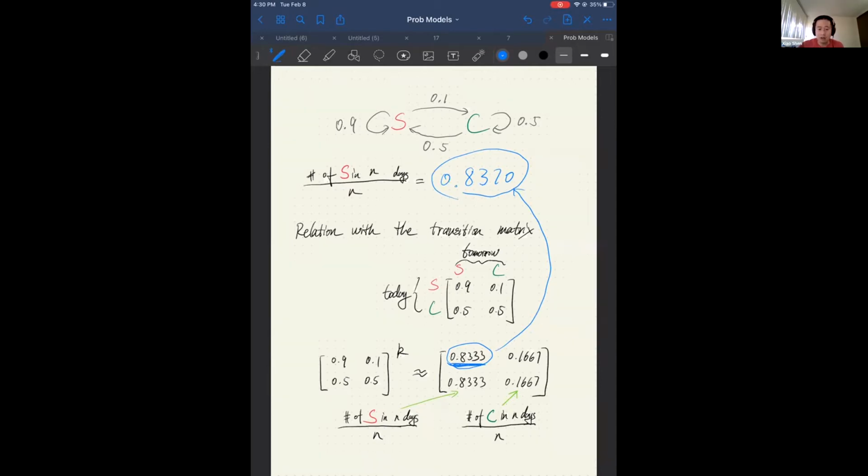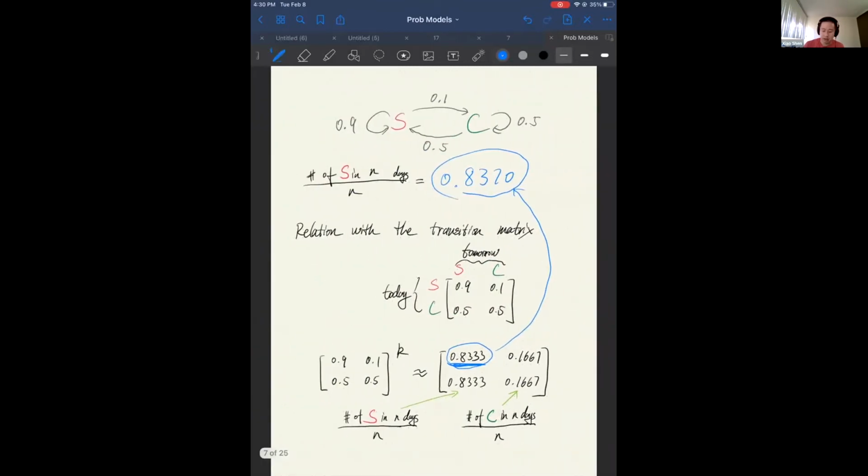Another way to think about this is that the number in the first column represents the ratio of the number of sunny days divided by n, and the number in the second column is the number of cloudy days in the next n days, normalized by n.